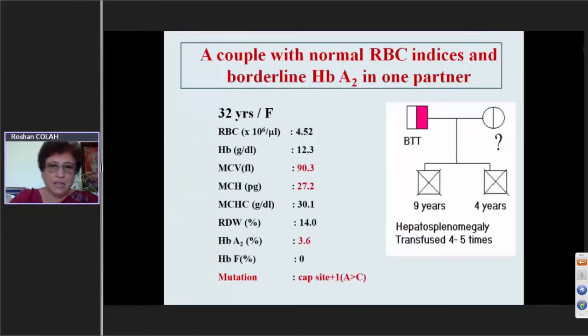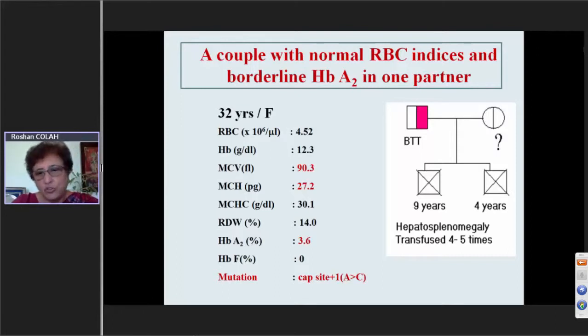So here we see an example where you have a couple. The father is the classical thalassemia trait, and the mother was not, and only the blood count was done, which showed a normal, absolutely normal MCV, absolutely normal MCH.